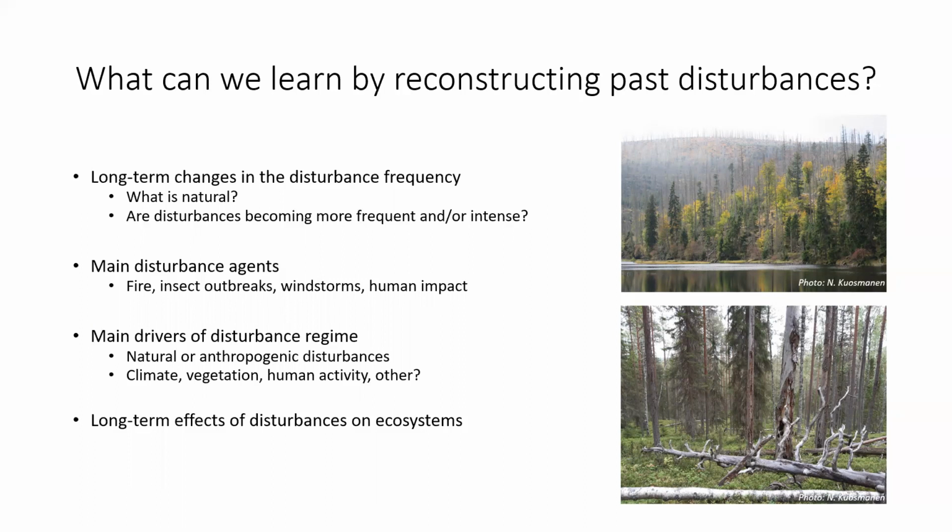For example, if there has been a change in the fire frequency, or if there have been more bark beetle outbreaks, what may have caused these changes? Is it because of changes in the temperature or precipitation, or if there are more human-induced fires, for example, and so on. And then we can look into the long-term effects of these disturbances on ecosystems.